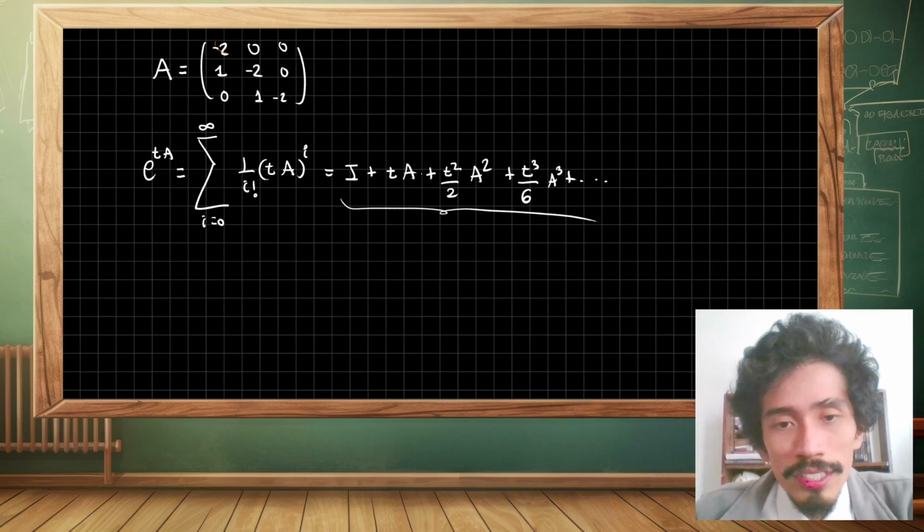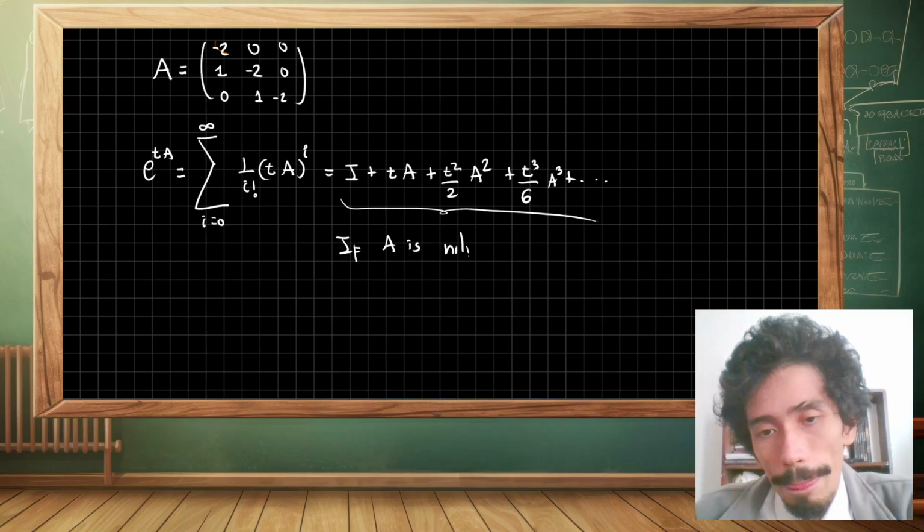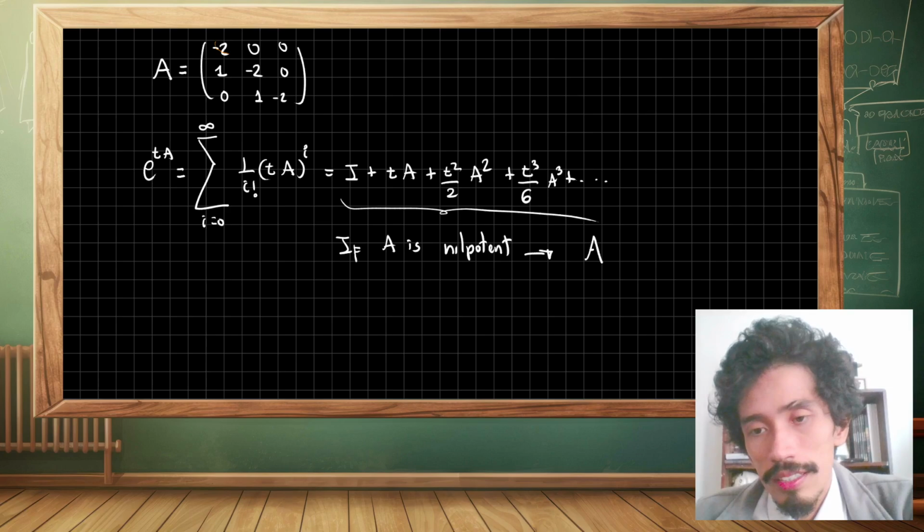And those instances are when the matrix A is nilpotent. If A is nilpotent, then this means that the power of the matrix A of some exponent k will be equal to the zero matrix.